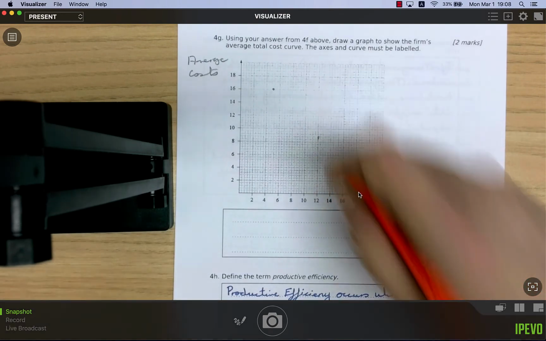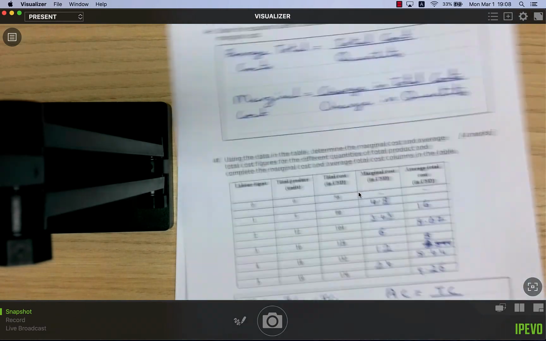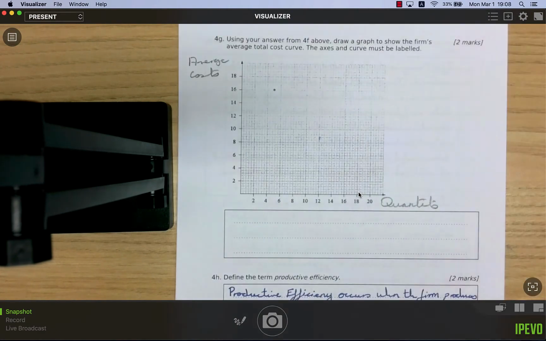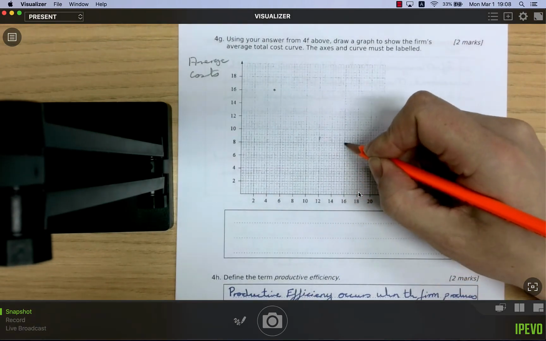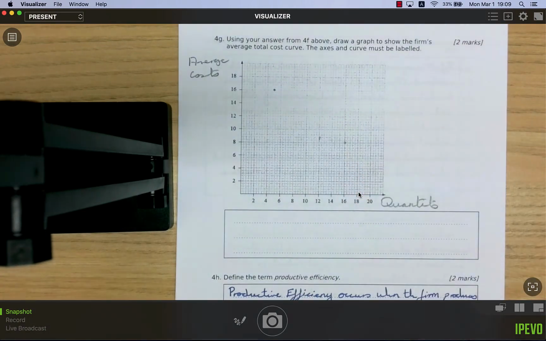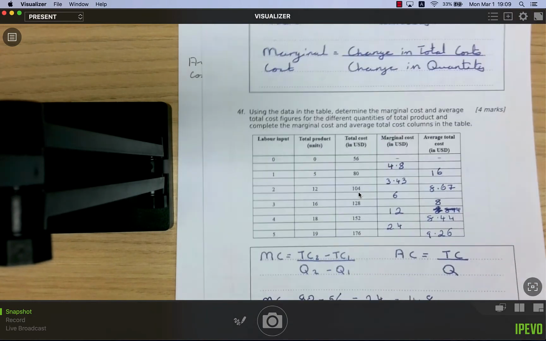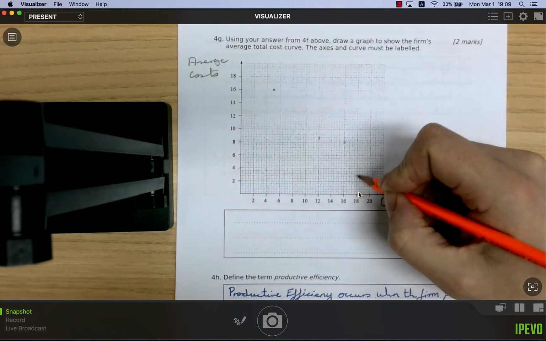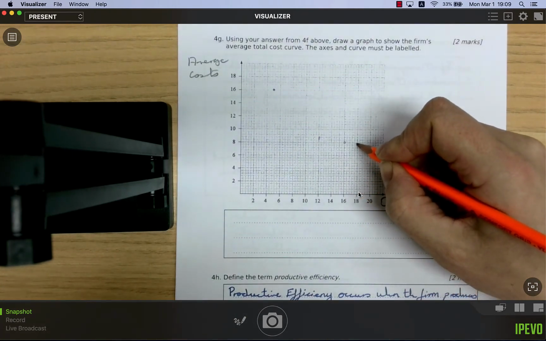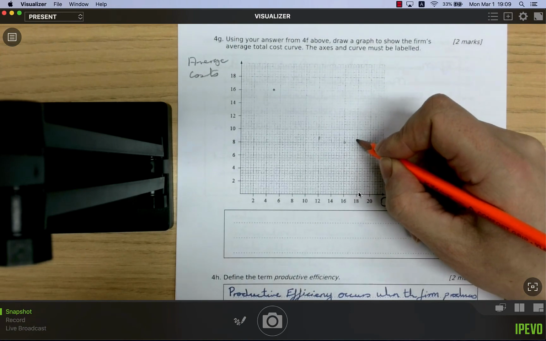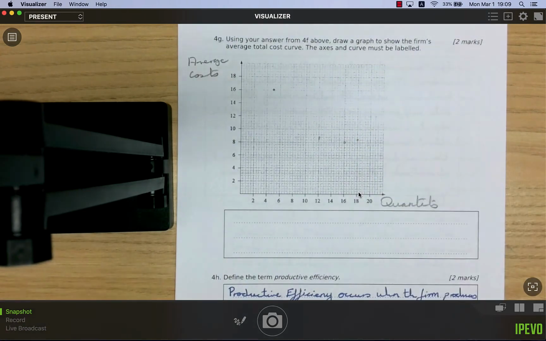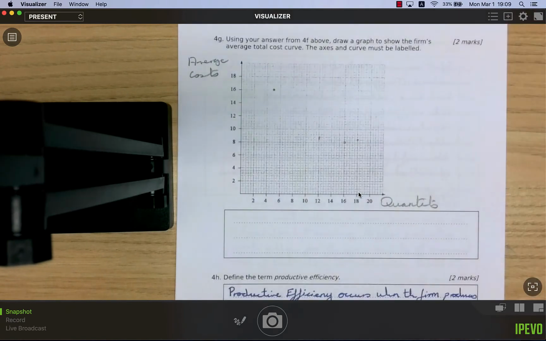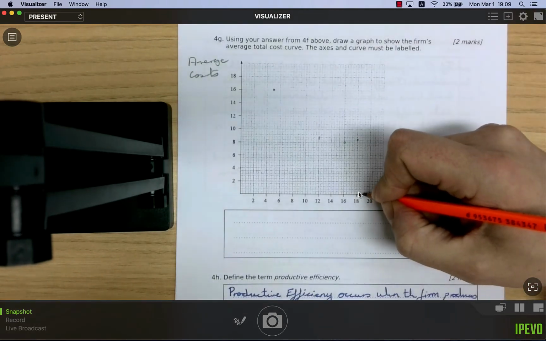It's the average cost at each quantity. Then at 16, I'm going to put 8, an easy one. At 18, 8.44, I think that's about 9, so something like that. And then at 19, I'm going to put 9.26.